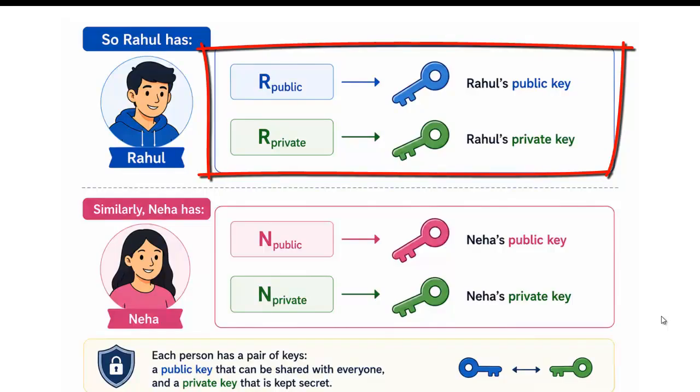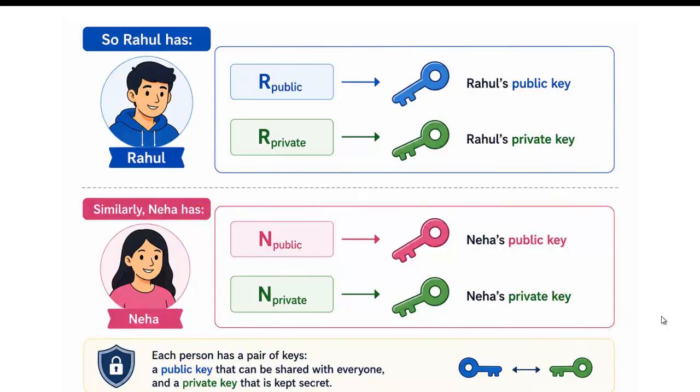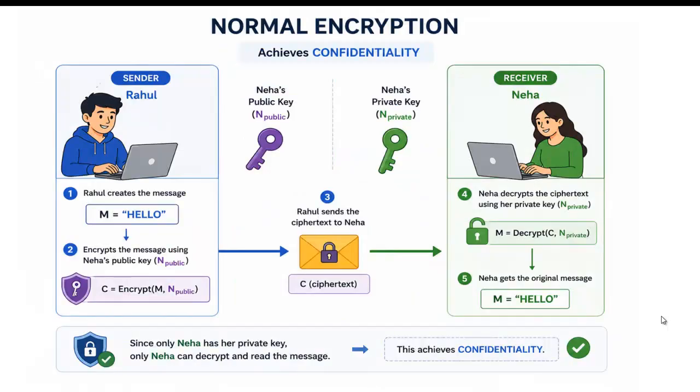Neha also has two keys, public and private, which are represented by N public, Neha's public key, and N private, Neha's private key. So using this example, we will understand confidentiality, integrity, authentication, non-repudiation, digital signatures, hashing, certificate authority, and the complete verification process step by step. So let's start with the first question.